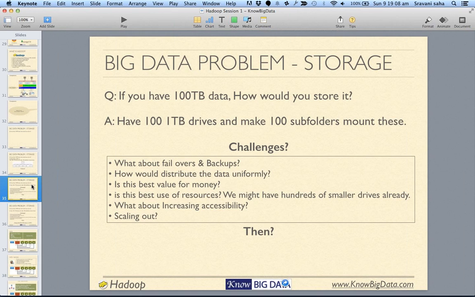What about increasing accessibility? This is something very important. Now imagine this: a new movie comes in and we store it on drive number 7, and we announce that a new movie has come in and everybody wants to watch the same movie, so everybody is trying to access drive number 7, and the hard disk drive will become your bottleneck, and effectively none of the people will be able to watch the movie because that might make the device so busy that it might get damaged.